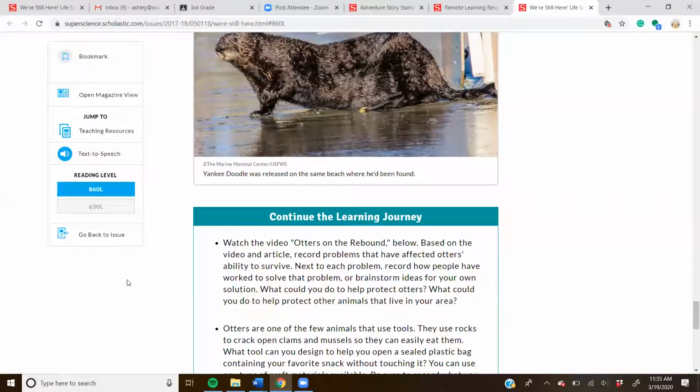Okay, we are going to watch the video, and based on the video and article, record problems that have affected otters' ability to survive. Next to each problem, record how people have worked to solve that problem or brainstorm ideas for your own solution.